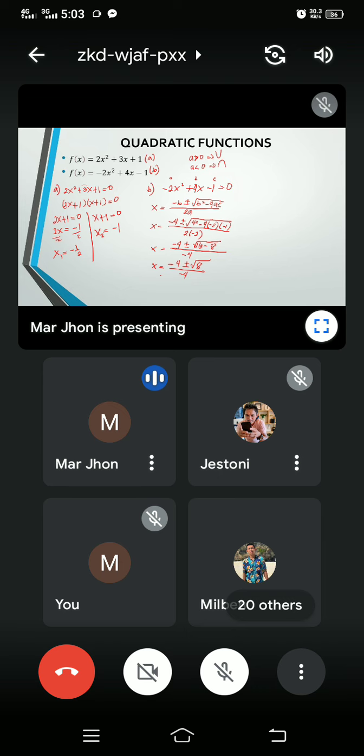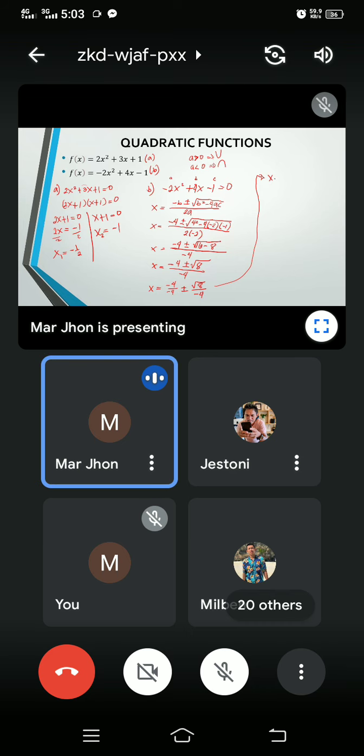We can distribute this. x is equal to negative 4 over negative 4 plus minus the square root of 8 divided by negative 4. Right? So x is equal to 1, since negative over negative is positive, then plus minus.